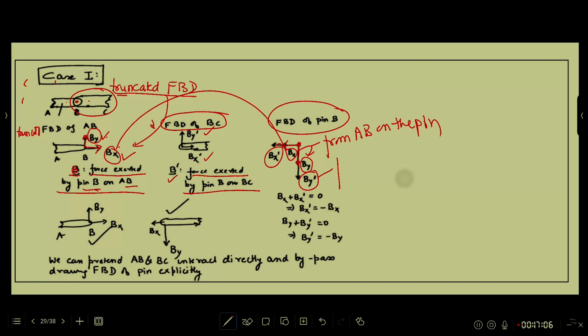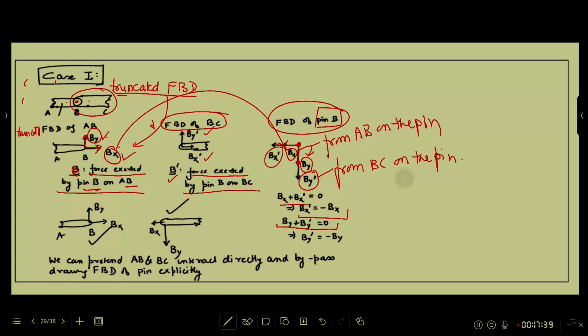So now if I do the force balance, Euler's first axiom, for this pin itself. Okay, what do I get? Bx plus Bx prime equals 0, which means Bx prime is minus of Bx, and then By plus By prime equals 0, which means By prime is minus By.